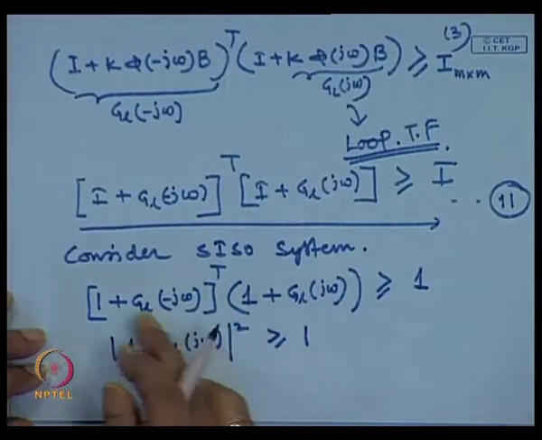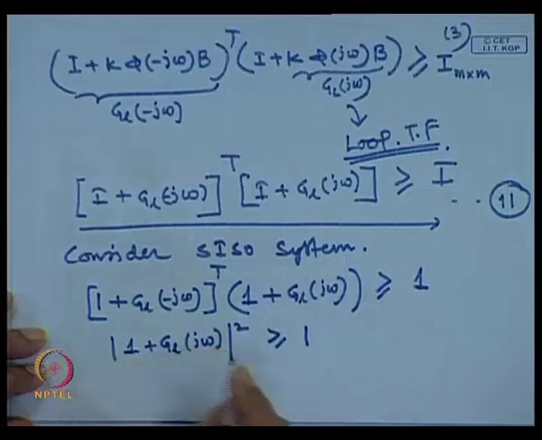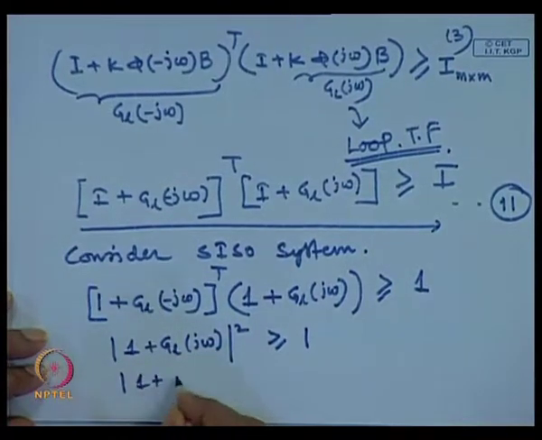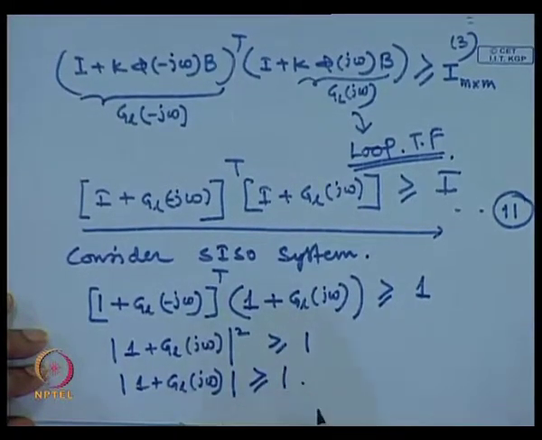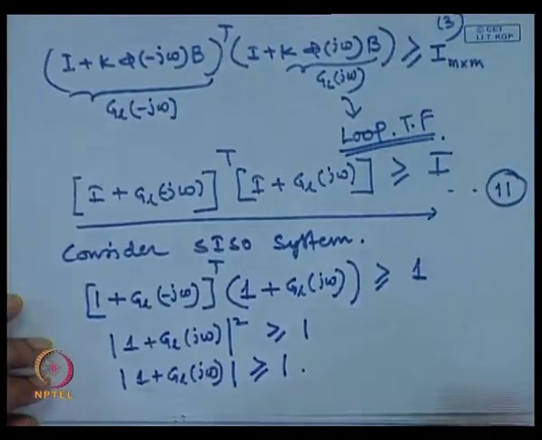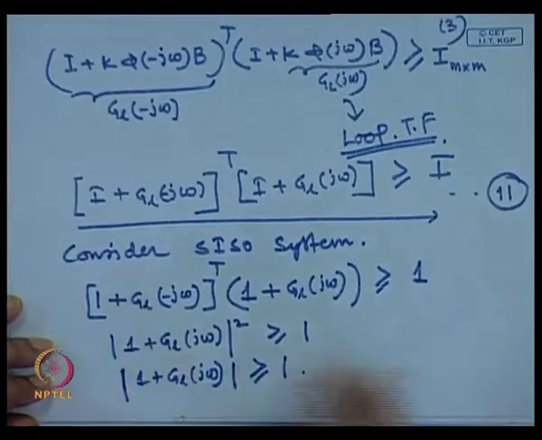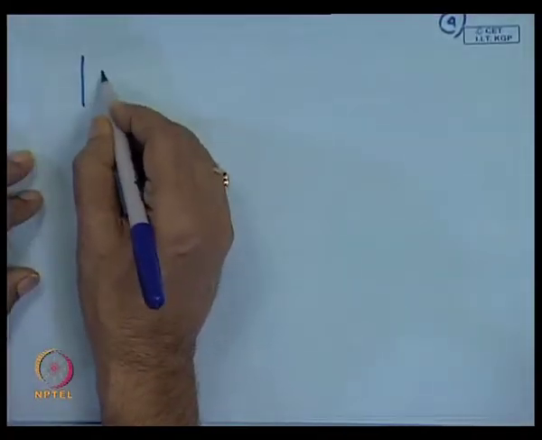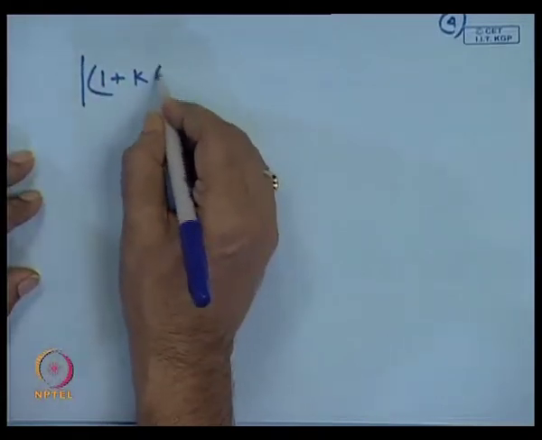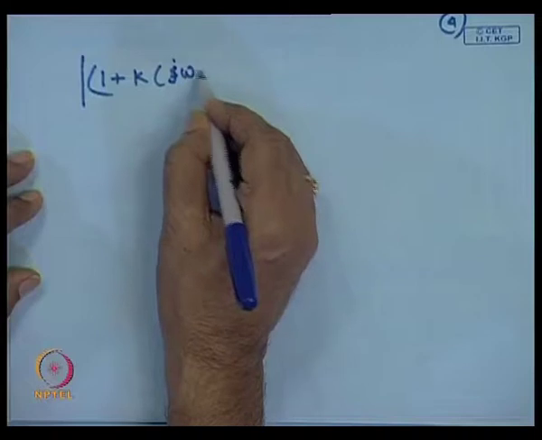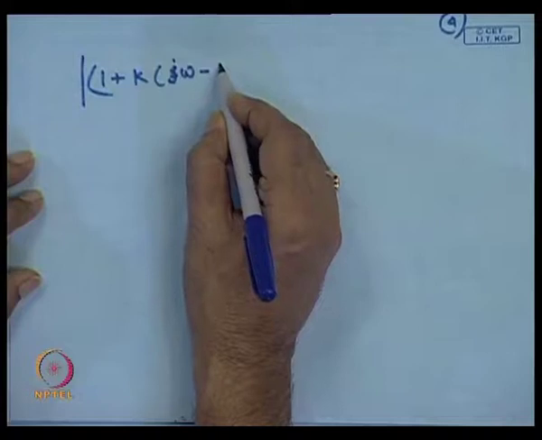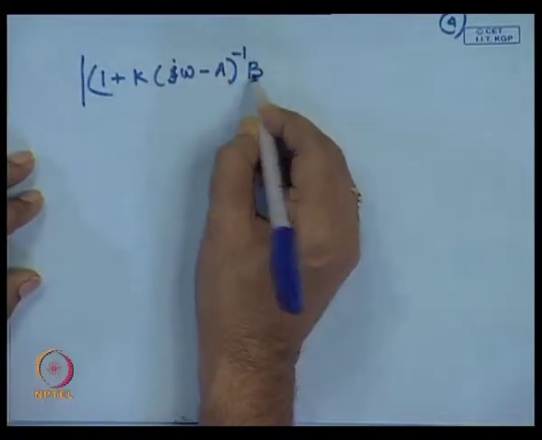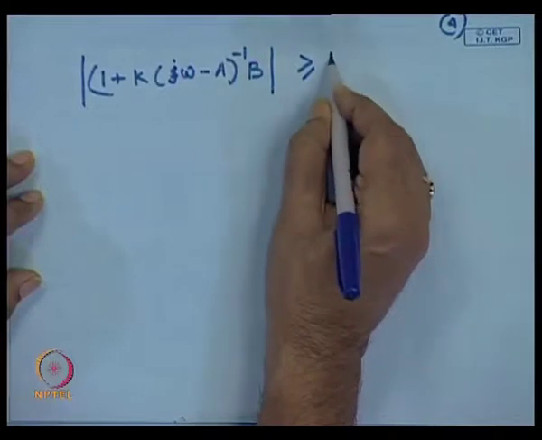If this quantity squared is greater than or equal to 1, then the absolute value of 1 + G_L(jω) must be greater than or equal to 1. Ultimately, our loop transfer function can be written as |1 + K(sI − A)^(-1)B| ≥ 1, with s = jω.